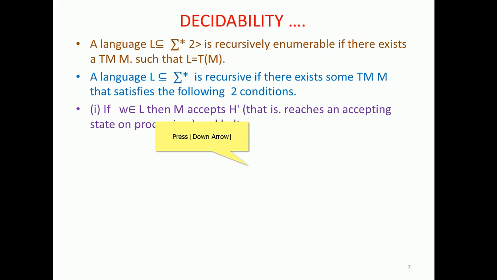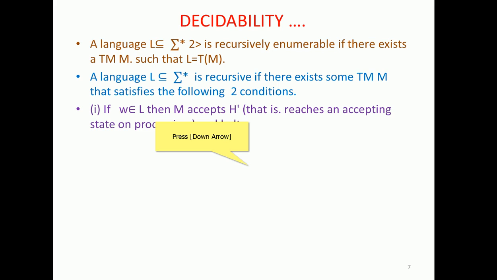W is a string that is going to be accepted by the language L. So if W belongs to L, then M accepts, that is, the Turing machine M reaches an accepting state on processing. It traverses after scanning the inputs and reaches the end, the accepting state. There it finishes and stops.